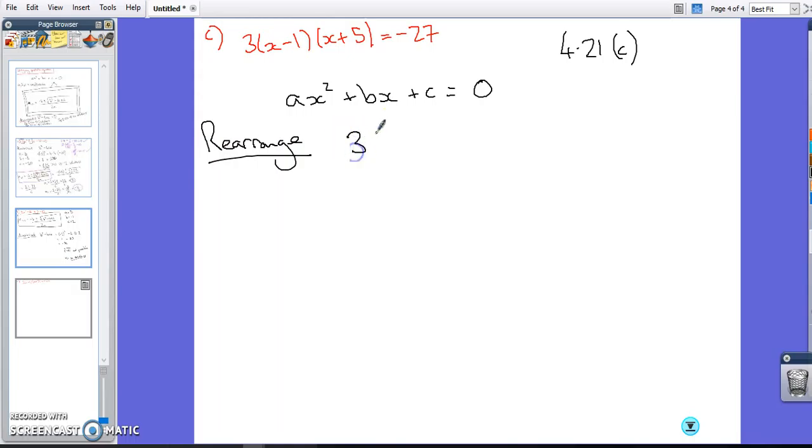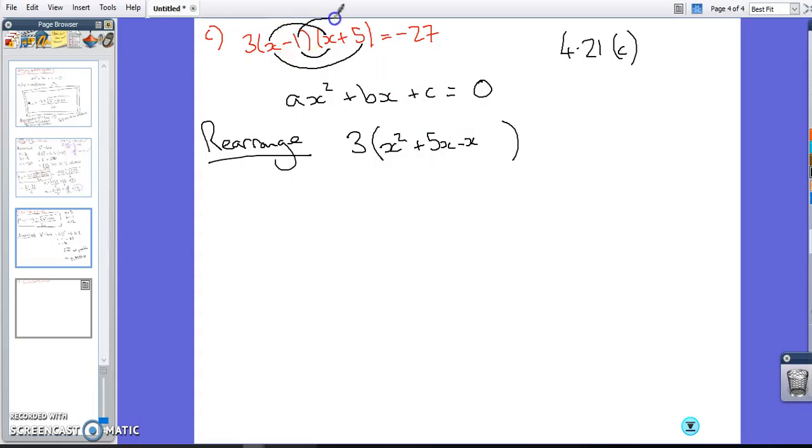So we have 3, and then I will multiply out the two brackets here. So first of all, I'll multiply this with this, 3x squared. Then I'll multiply this one with this one, plus 5x. Then I'll multiply this one with this one, which gives me -x.